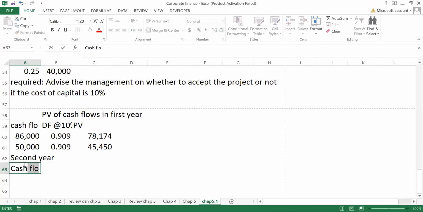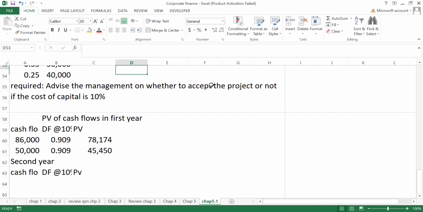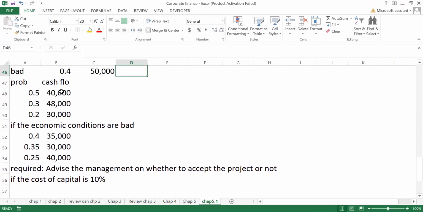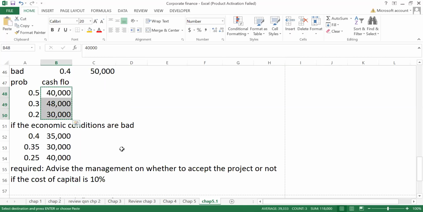Our cash flows, the PV factor, our discounting factor, and our PV. So we have got different cash flows in the second year. I'm just going to copy them. We have this, if the economy is good.